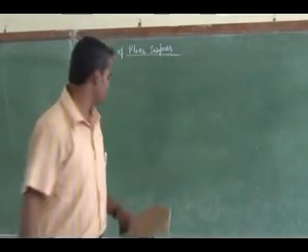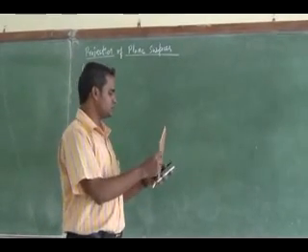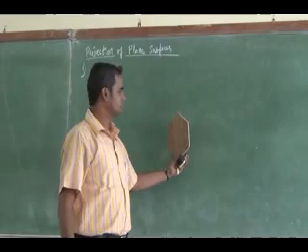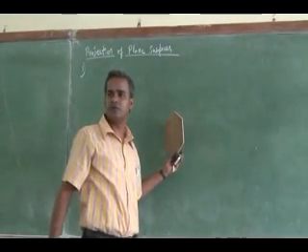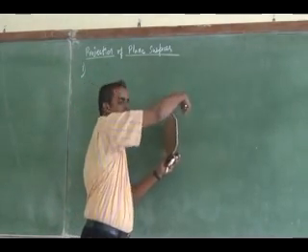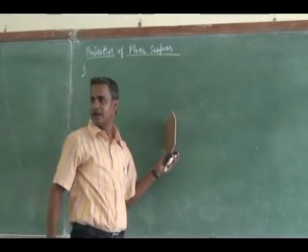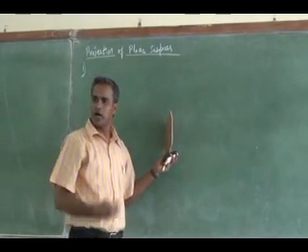We will go to another case. What is this inclination? Suppose the plane is like this. The surface of the plane is inclined to which plane? Vertical plane. The surface of the plane is inclined to the vertical plane, and it is perpendicular to which plane? Horizontal plane.